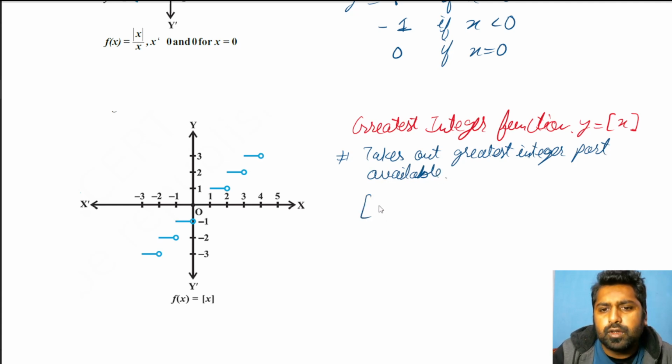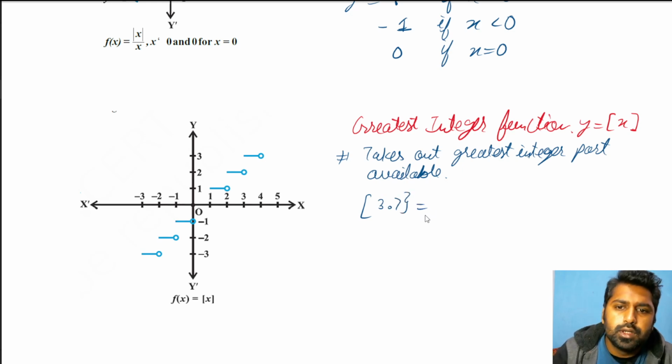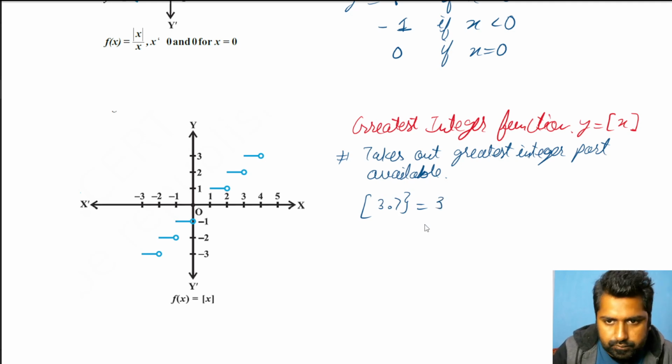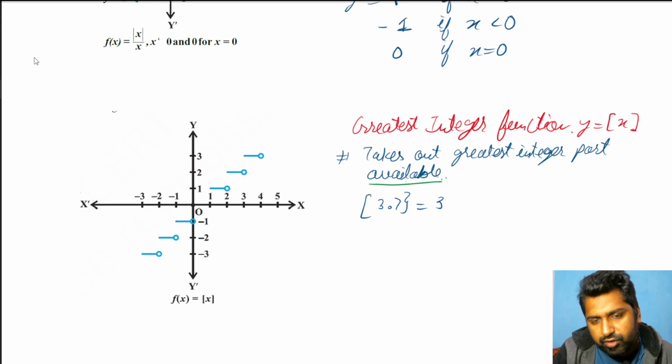Let's say I take 3.7. So in 3.7, the maximum integer I can take out is 3. I have to take the integer part which is available. More importantly, the word available is the key part here. It doesn't matter whether it is getting close to 4 or not. What is available? From the integer part, 3 is available. 0.7 will not create an integer.